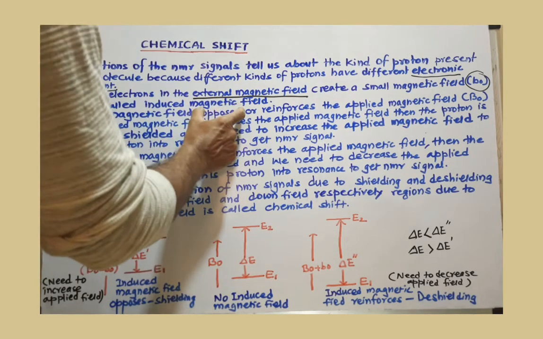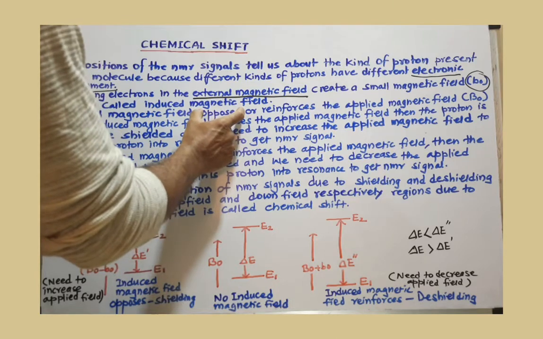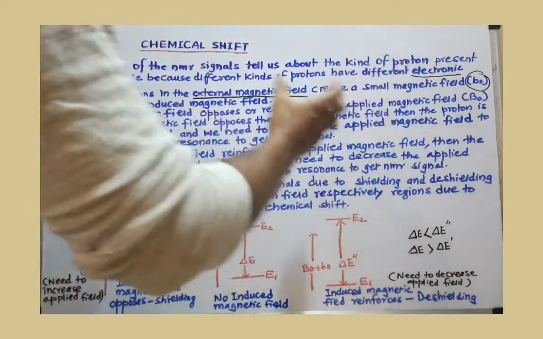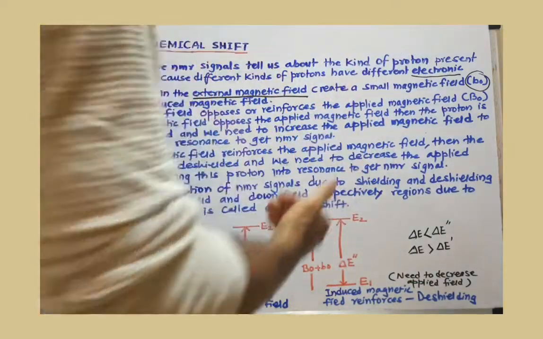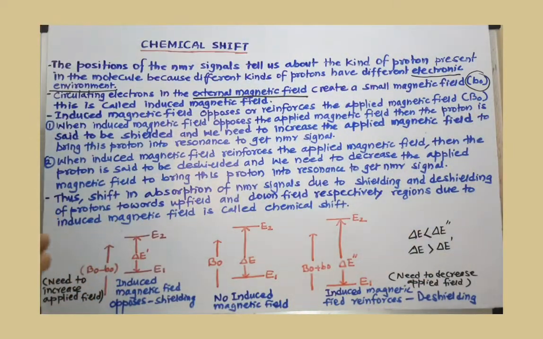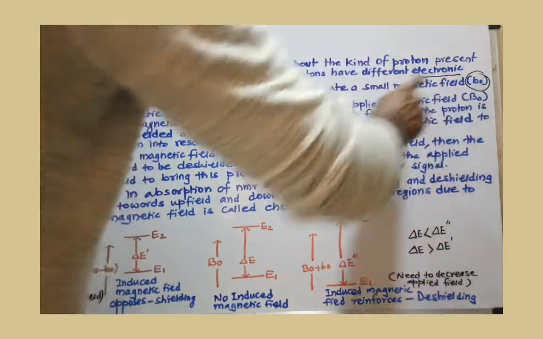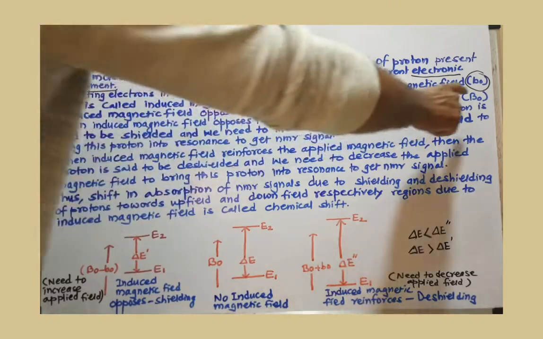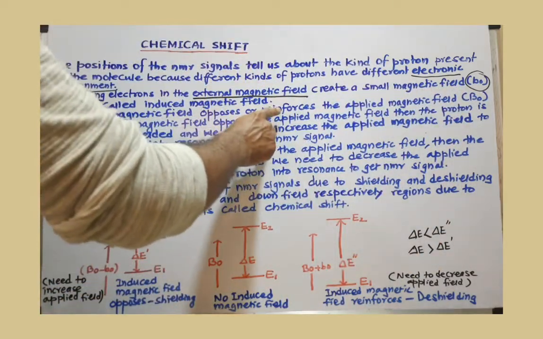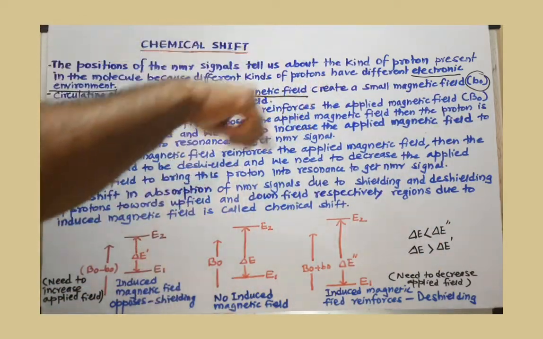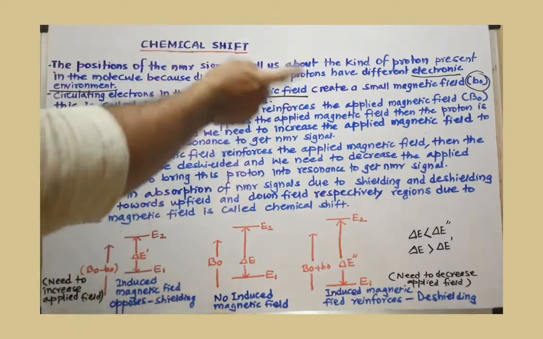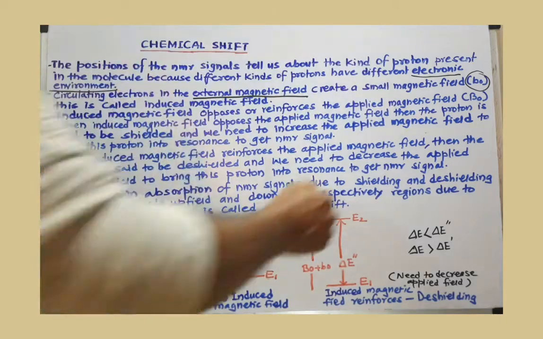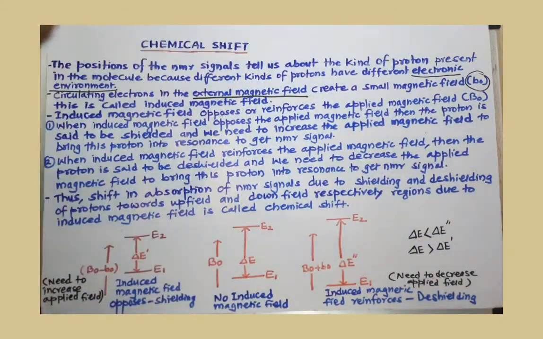Now if it is opposing, the magnetic field experienced by the proton is less than B0. And if the applied magnetic field is reinforced, meaning added, due to structural factors, then the magnetic field experienced by the proton is greater than B0. You remember this.